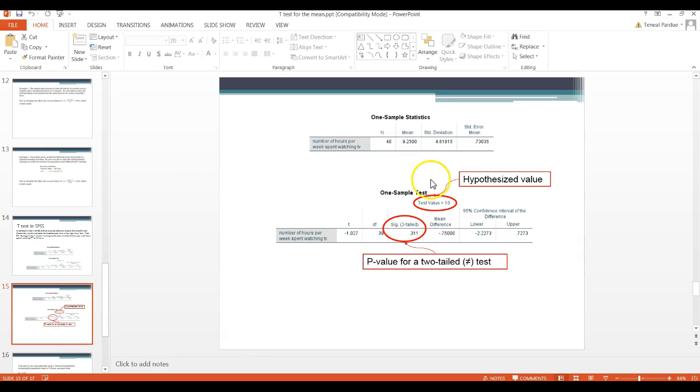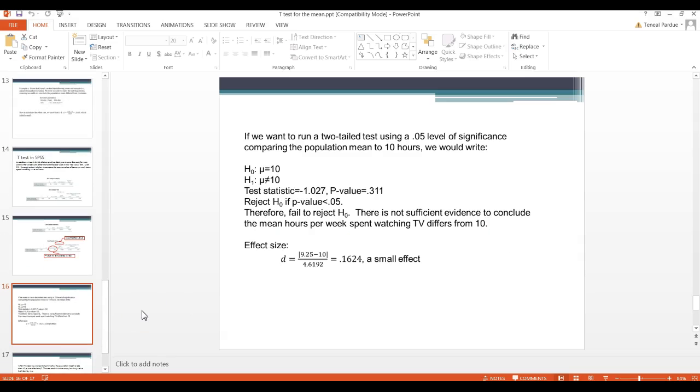Okay, so it tells you this is sig, this is the significance value, that's the p-value, if your test is two-tailed. So if the hypothesis test you want to run is not equal to, then that's your test statistic and p-value. And you can just write all this down from there. So you've got your hypotheses, your test statistic, your p-value, your rejection rule, and then your conclusion.